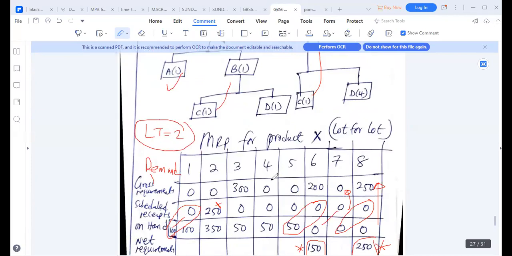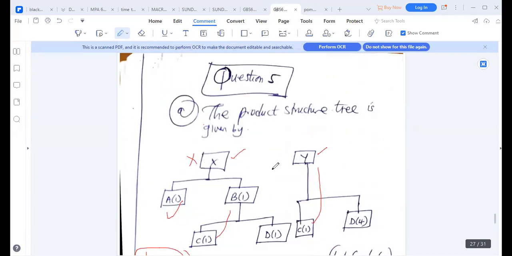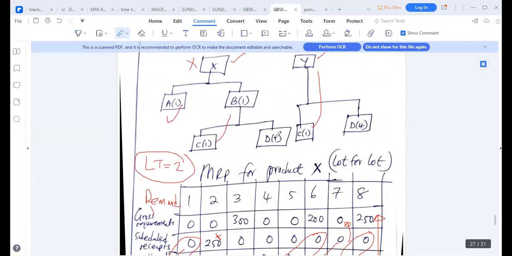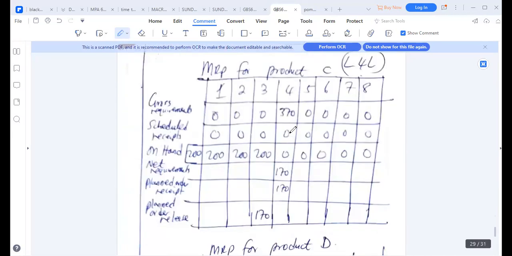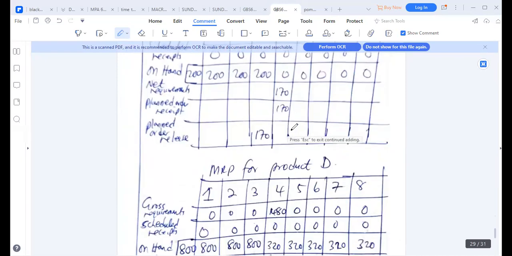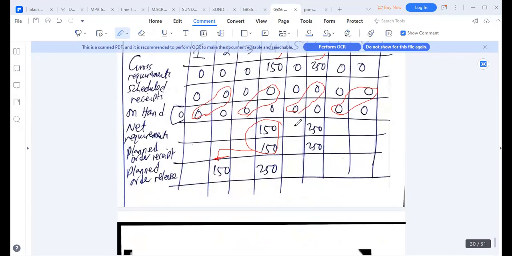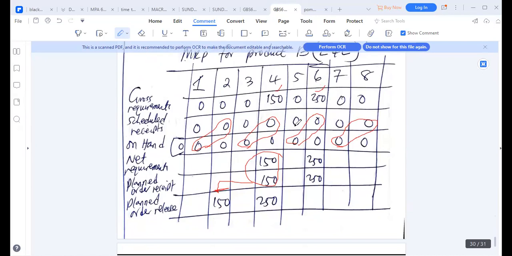So there's a quantity of 1 here. So in week 2 we have 150, and in week 4 we have 250. So in that week 4 we already have that. By 1, so in week 2, 150.